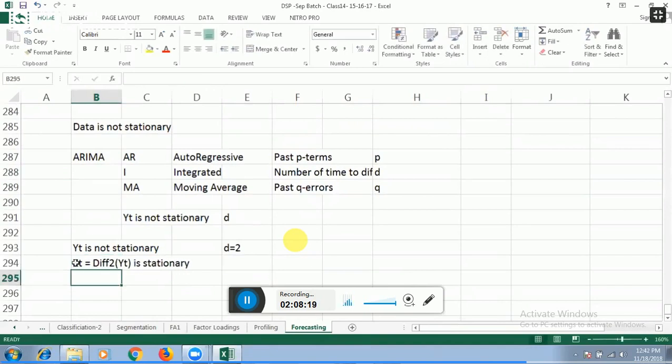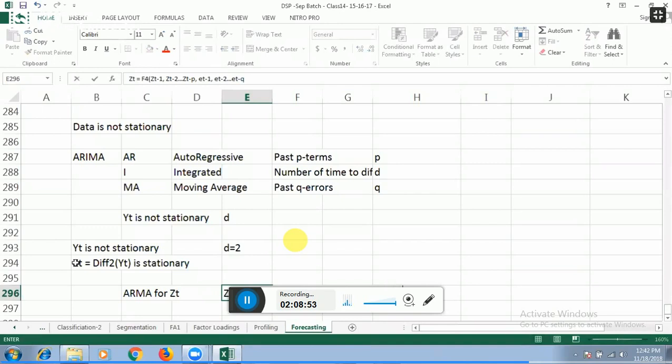Now I can use zt for building a model. That means an ARMA model, I can do that. So when you say ARMA for zt, zt will be a function of zt minus 1, zt minus 2, and so on, zt minus p, comma, et minus 1 and et minus 2, and so on, et minus q.